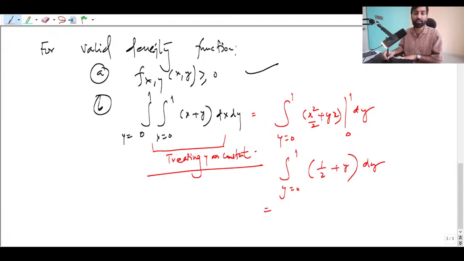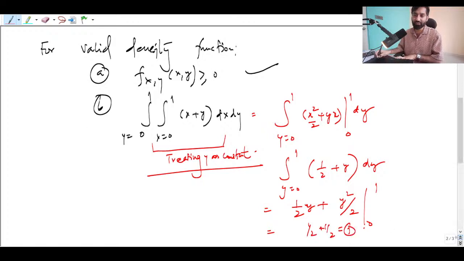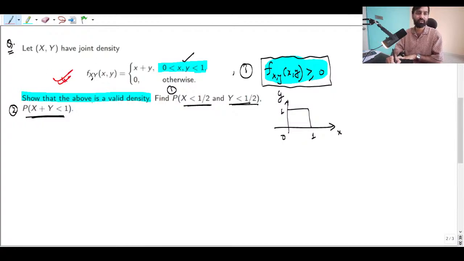Now again this becomes 1 by 2 y plus y square by 2 with limits 0 to 1. So it is 1 by 2 plus 1 by 2, which is 1. So this is a valid density function. Yes, the answer will be yes.